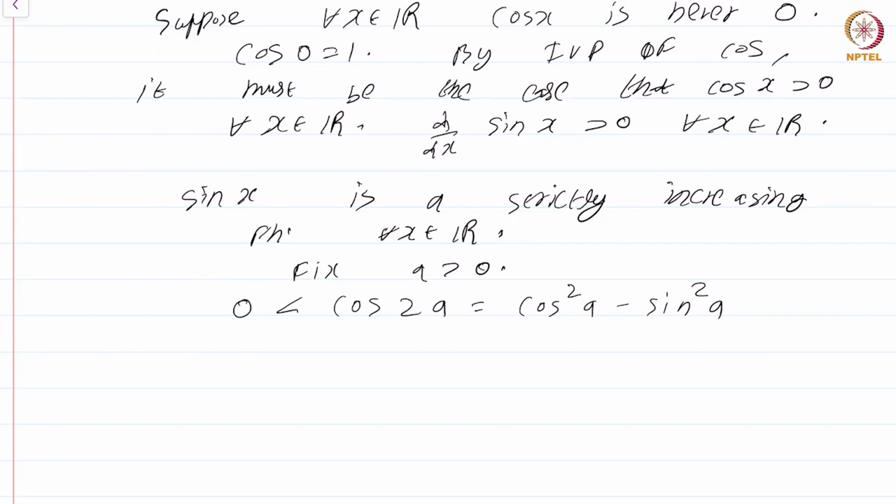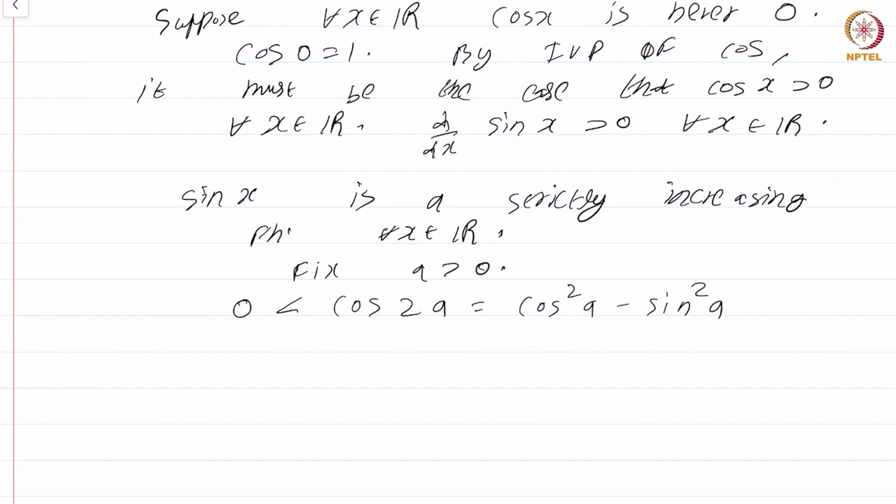We have also seen that if a is greater than 0, sine squared a must be positive, simply because sine is strictly increasing throughout R, and sine 0 is 0, so sine squared a is going to be a positive quantity.